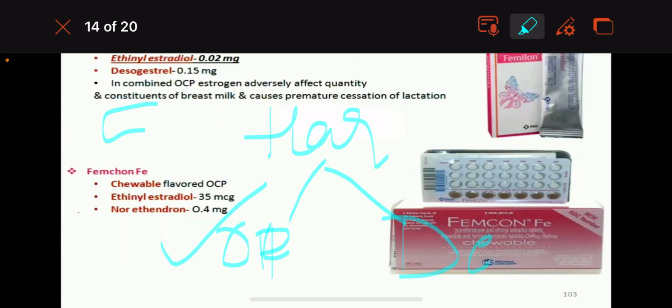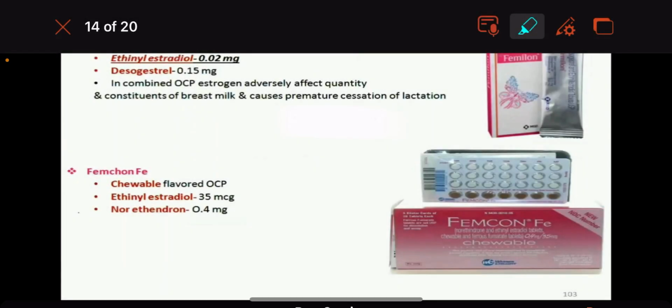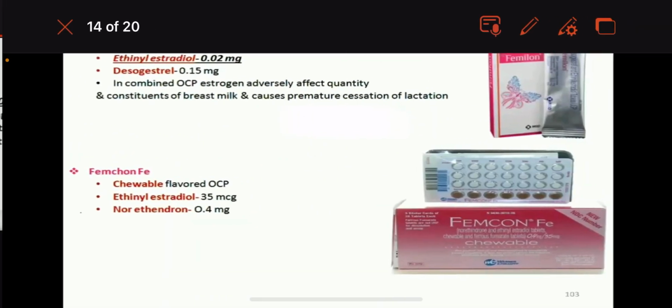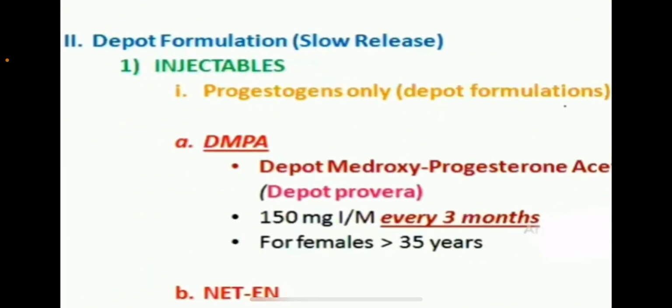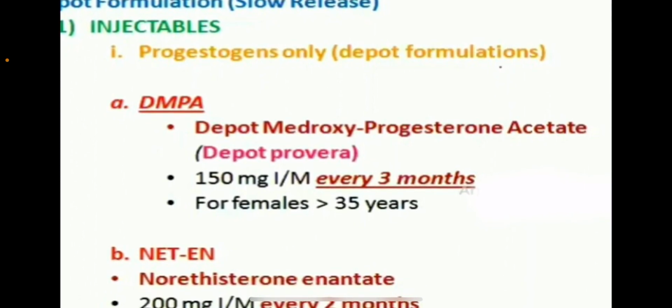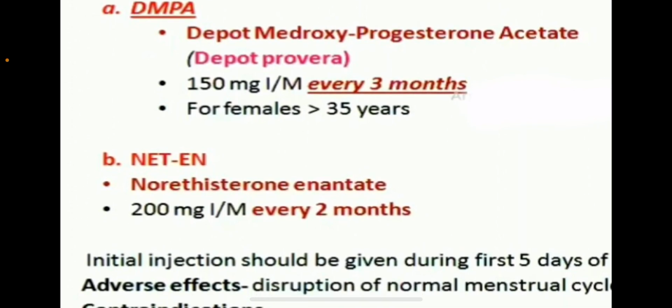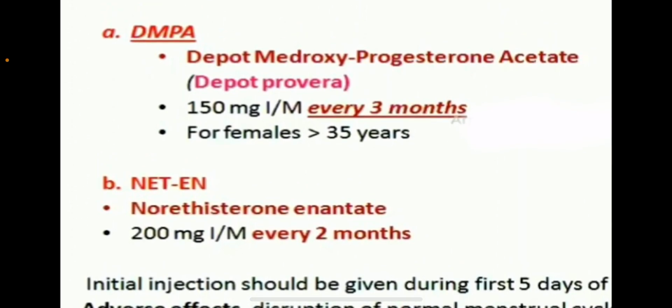Oral pills, we had 5 subheadings which we completed. Now we are going to the depot formulations. Under depot, we had 3 main headings: injectables, subcutaneous implants and vaginal rings. Starting with injectables, we have progestogen only. Under progestogen only depot formulation, we have DMPA and NET-EN.